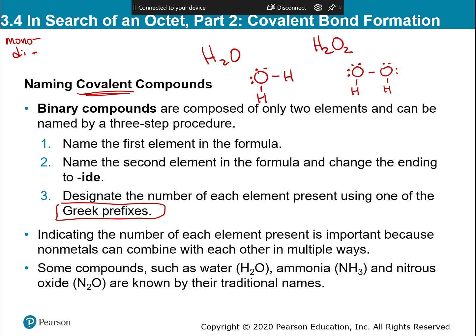The genius of this is they always use the whole name of the first element, just like with ionic compounds, and the first part of the second element plus ide. Remember sodium chloride: the whole name of sodium, the first part of chlorine, chlor, plus ide. You're going to do the exact same thing with covalent molecules, but you have to make sure you add a number prefix. So H2O becomes what?